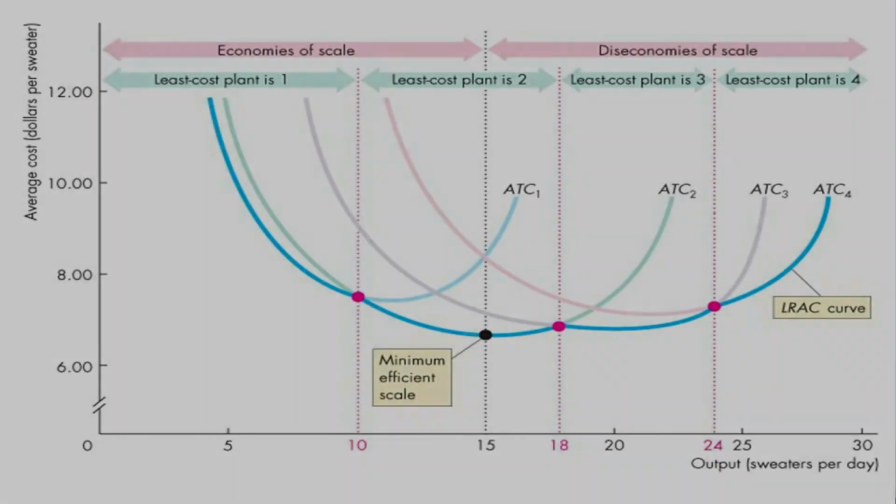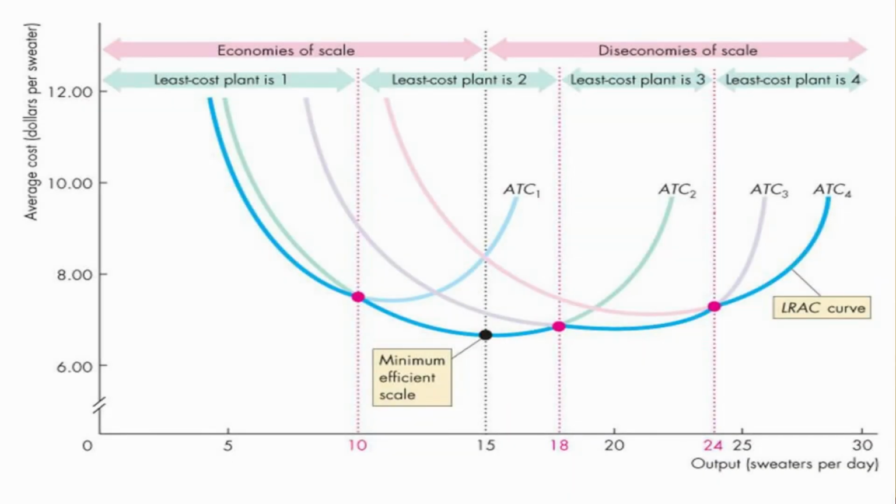This graph illustrates 4 different plant sizes that a firm could have. Each of them for different production ranges. Of course, the greater the plant, the greater the output.